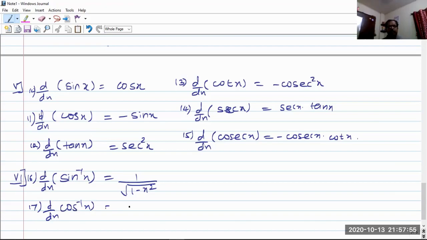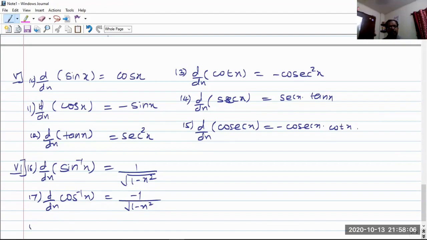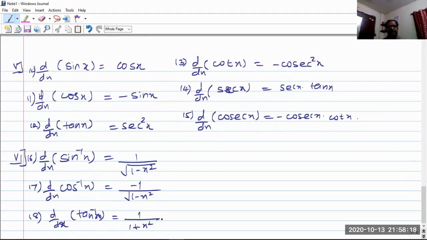It is just the negative of the derivative of sine inverse x, so it is minus 1 by root 1 minus x square. And thirdly we have the derivative of tan inverse x. It is equal to 1 upon 1 plus x square, right?